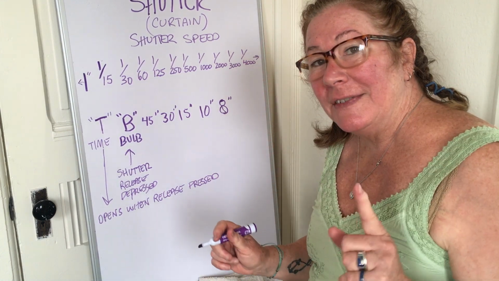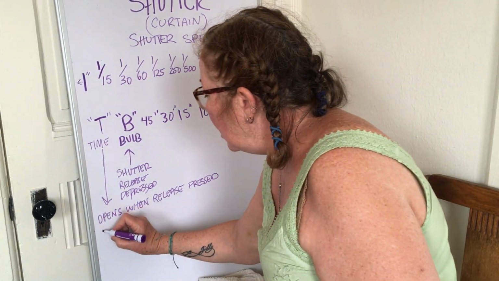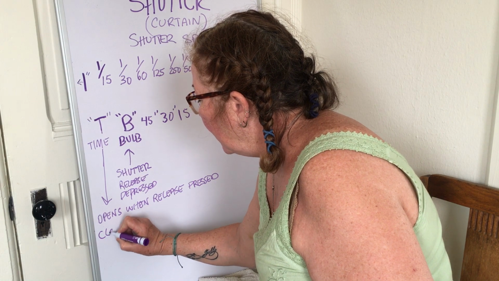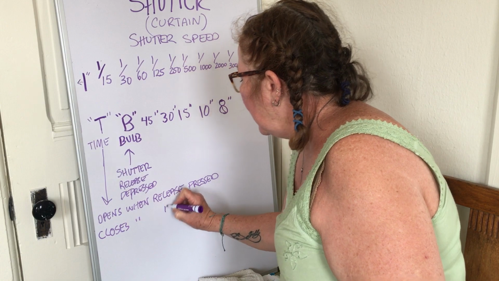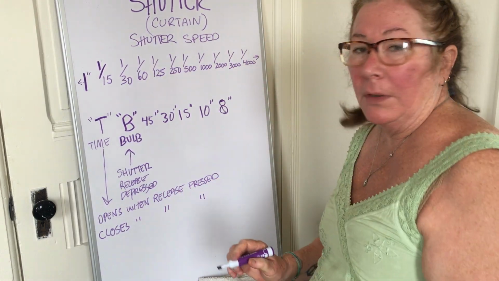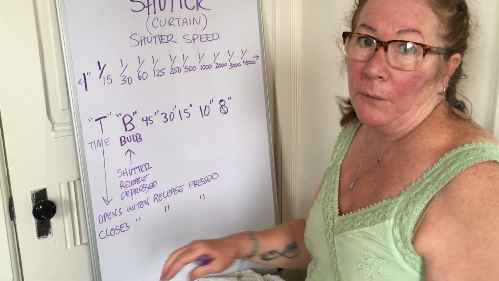But then the shutter stays open until you press it again. So it closes when the release button is pressed again. So the time setting will keep it open for a long, long time.